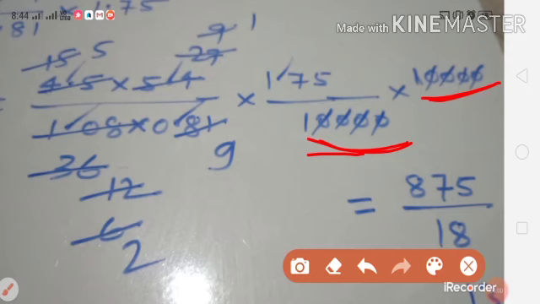Start from 45 cancelled by 5, no 3, because 5 by 5 there is no digit in below that will be cancelled, so start from 3, so we find 15. It cancelled by 3, so we find 36.